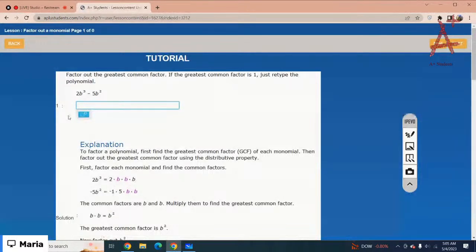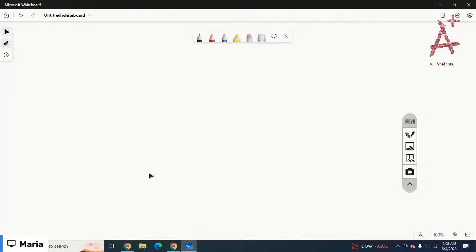Okay, the next one is 2b cube minus 5b square. Here you have the coefficients 2 and 5. You cannot take anything common from here. Now just look at the exponents of the b.